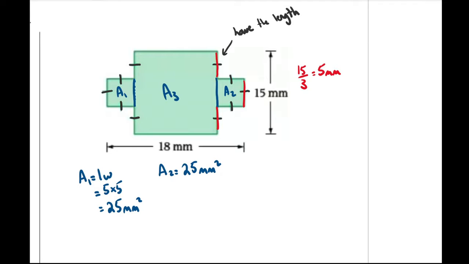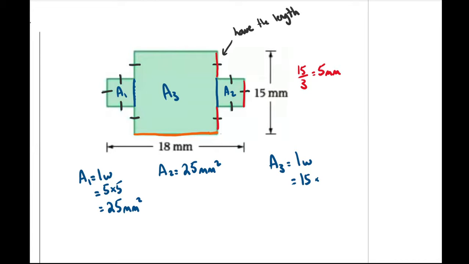For area 3 we have no measurements, except for, again, our vertical side, because we know from the top to the bottom it's 15 millimeters. So I know my length and my width. I know I'm going to have 15 multiplied by something. So I need to figure out what is just the horizontal distance here. Well, I am given the length from one end to the other, which is 18 millimeters.